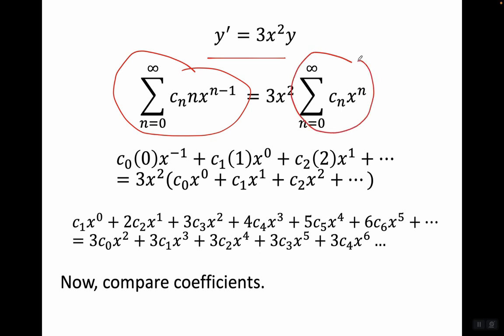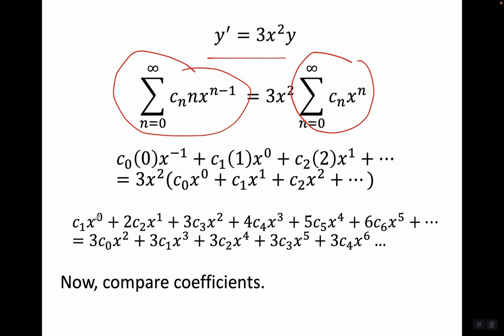And then we just compare coefficients. So let's multiply it out. On the left side this is c0 times 0 x to the negative 1 plus c1 times 1 x to the 0 plus 2c2 x to the 1 plus and so on, equals 3x squared times c0 x to the 0 plus c1 x to the 1 plus c2 x squared, and so on.